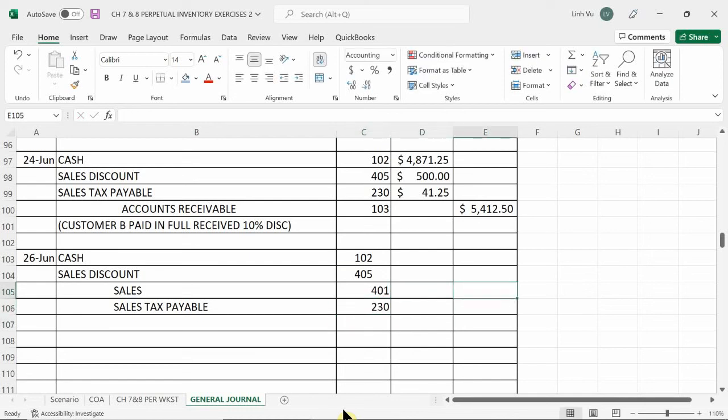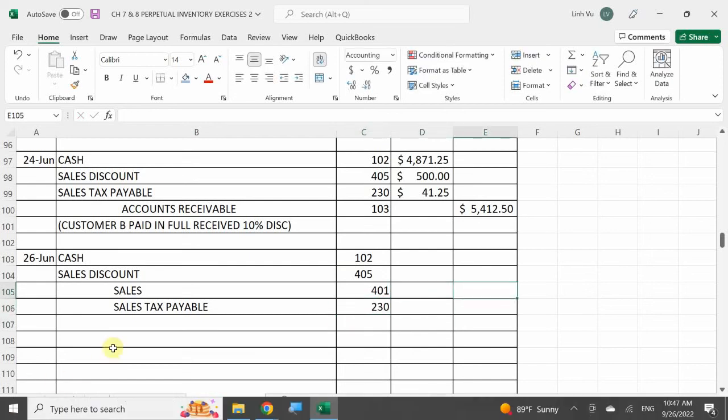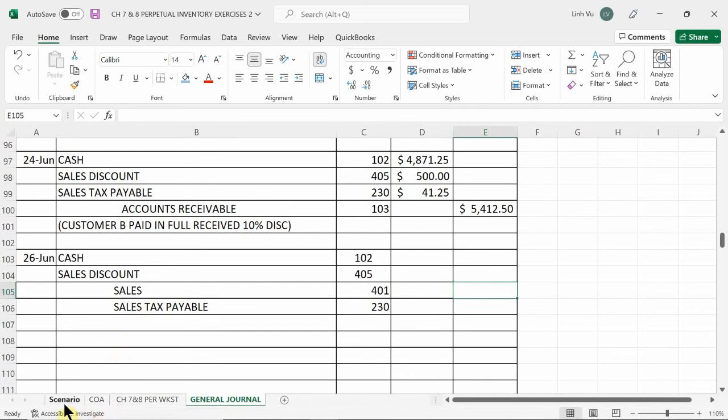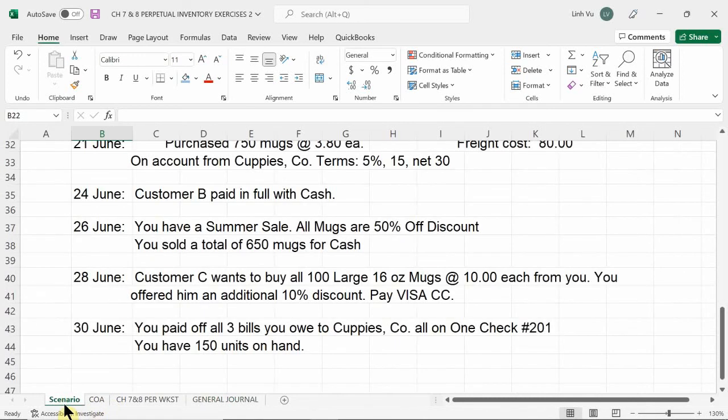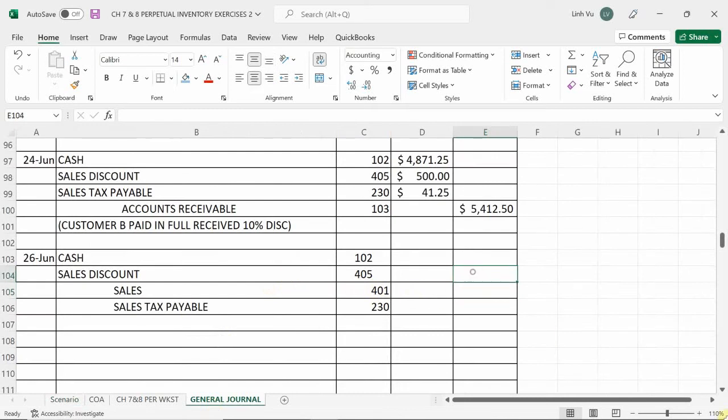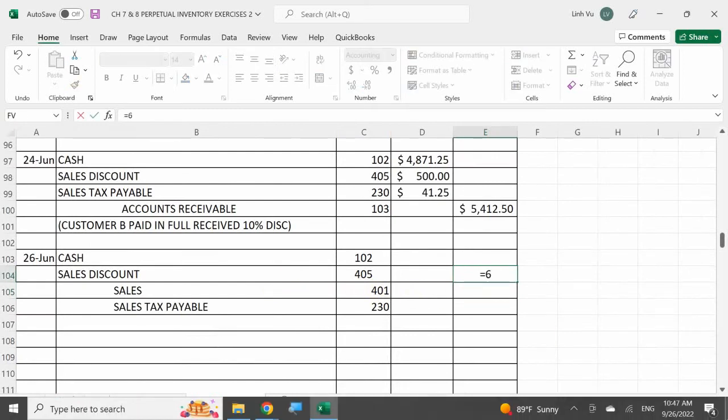So if I sold a total of 650 units at the original price of $10, what's my actual total sales? That's 6,500.